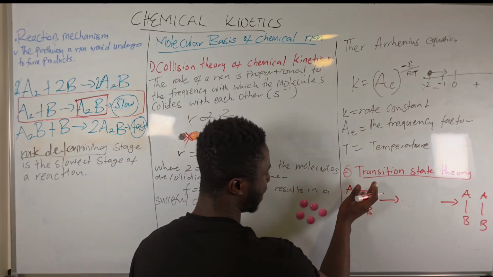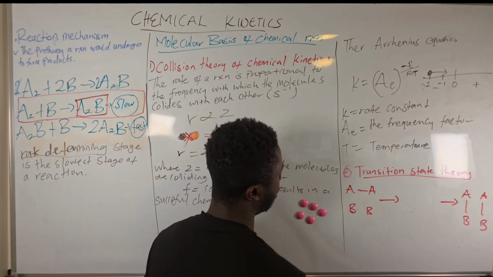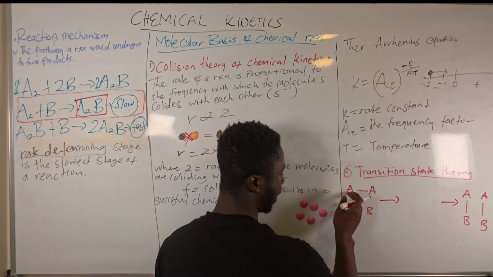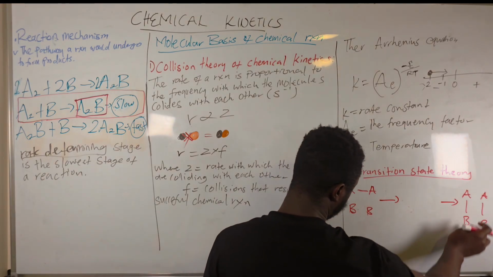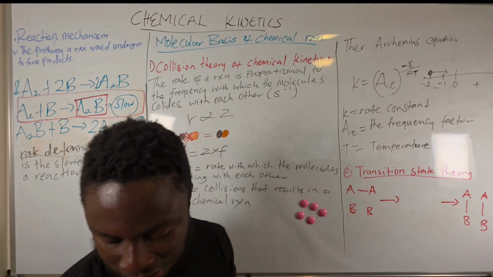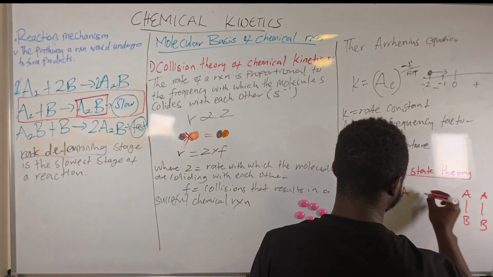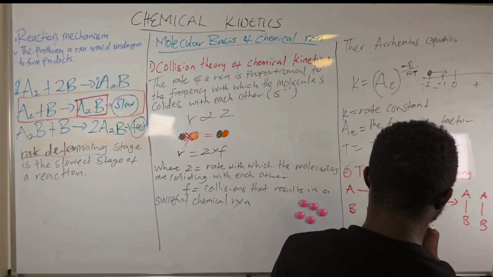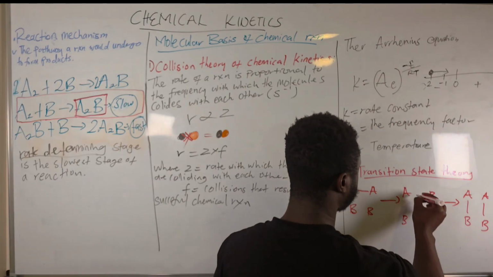Now if you want to break the bond that exists between A and A, to make this A bond to this B and this A bond to this B, as it is over here, they are first going to form a transitional state with A over here, and B over here.